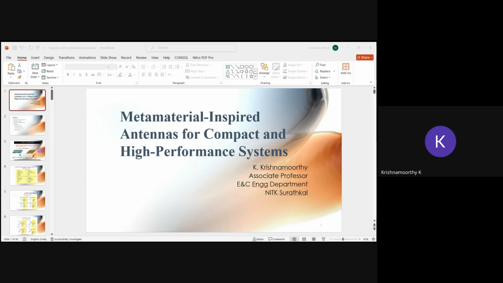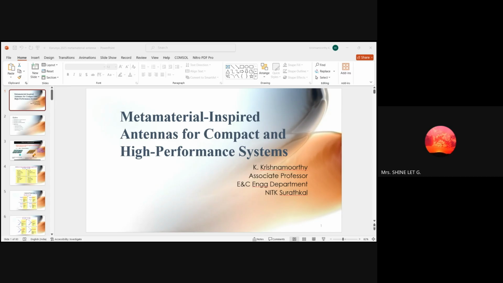The conventional PCB etching technique can go up to 70 gigahertz. Beyond that it is very difficult, and the connectors we use are also difficult at terahertz.